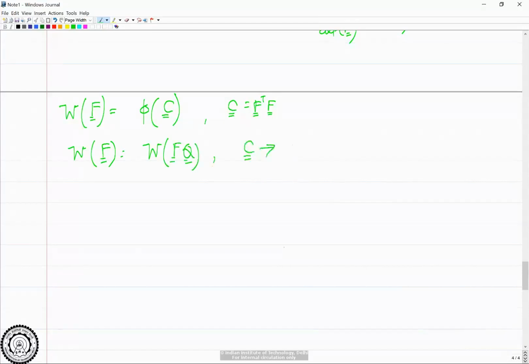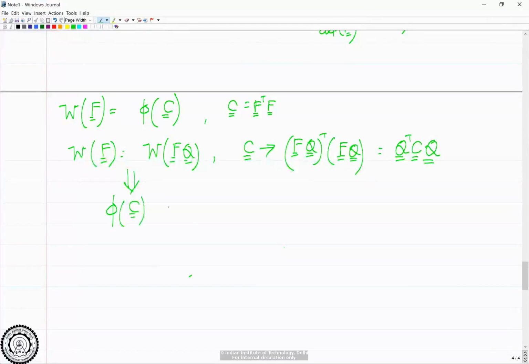C is going to change to FQ transpose into FQ, because that's the new F, which is the same as Q transpose F transpose F Q. So that's the original C, sandwiched by Q. So this implies that phi of C has to be the same as phi of Q transpose C Q for all Q in the symmetry group of the material.